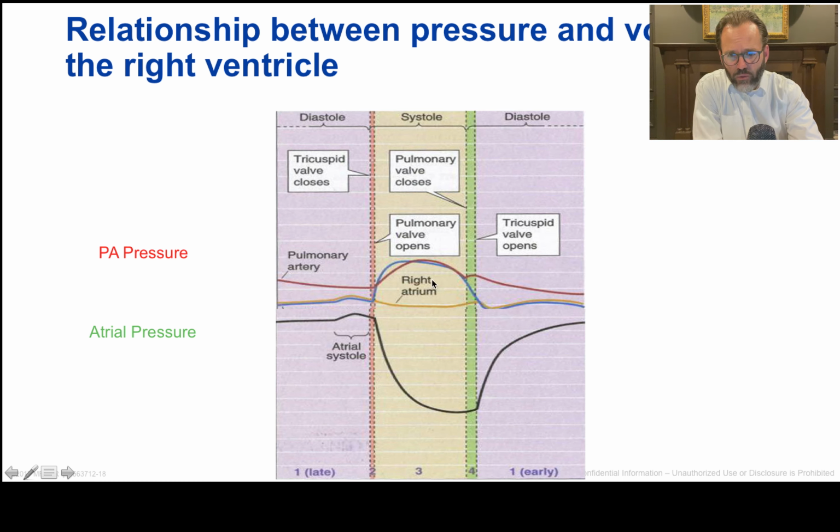So here again, we have similar changes in the morphology of both curves. You can see that ventricular pressure increases here and exceeds pulmonary arterial pressure.